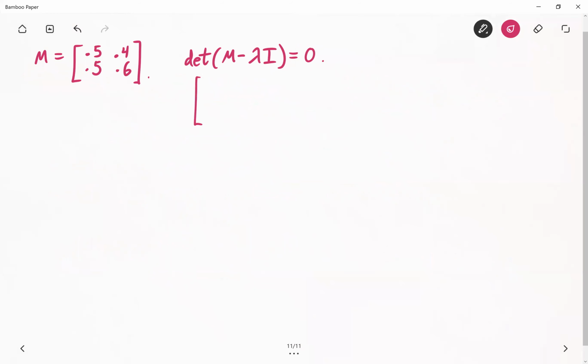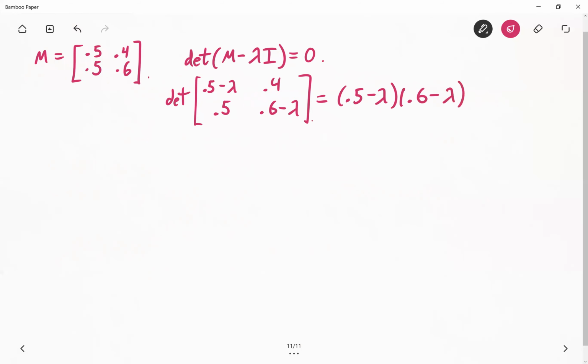I'll have 0.5 minus lambda, 0.4, 0.5, and 0.6 minus lambda. And the determinant of this will be equal to 0.5 minus lambda times 0.6 minus lambda, minus 0.5 times 0.4.